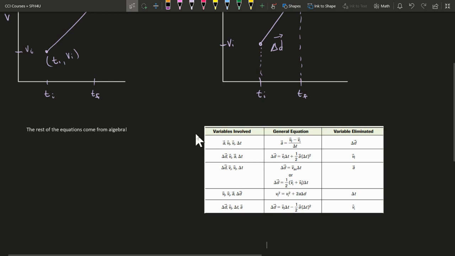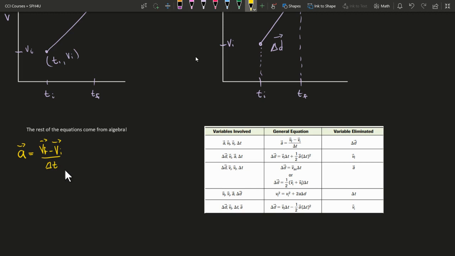So I'll start with my two initial equations here. Acceleration is this guy. This little pen is broken here. I'm going to get rid of it, delete that guy. Okay. So I'm going to say that my acceleration is equal to my final velocity minus my initial velocity over time.